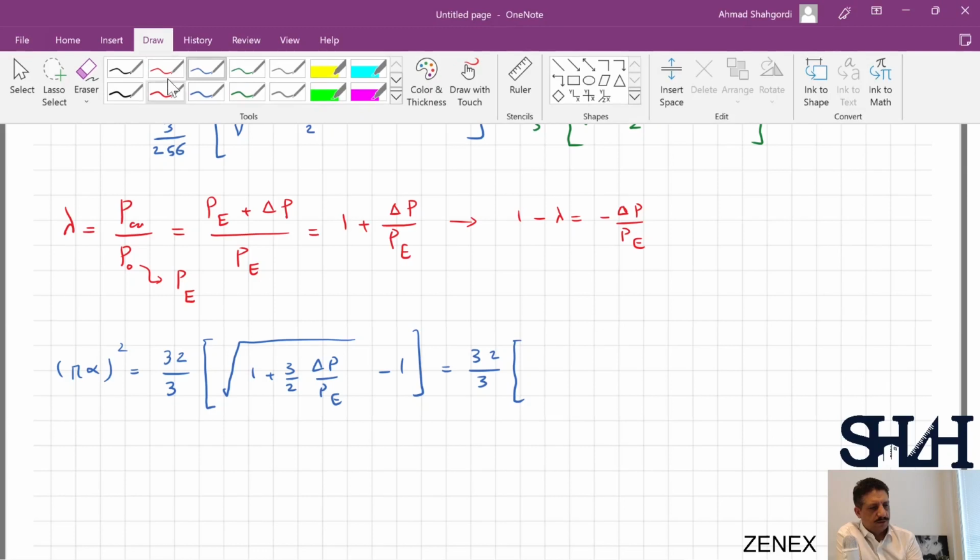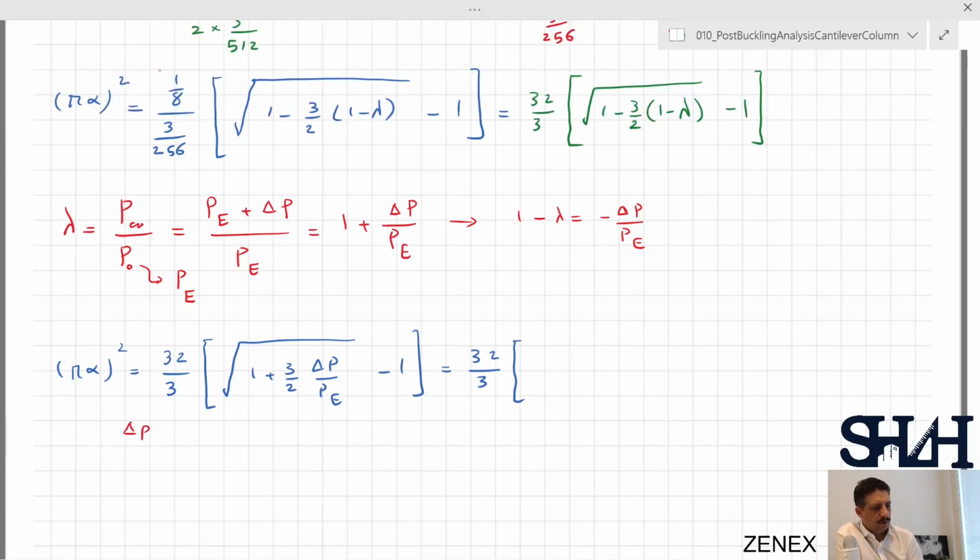So as far as delta P is very close to 0, it cannot be 10%, 20% of PE. It will be very close to PE. It's post-buckling. Otherwise, the structure would lose its stability or equilibrium. So in this case, I can use the Taylor series about 0.